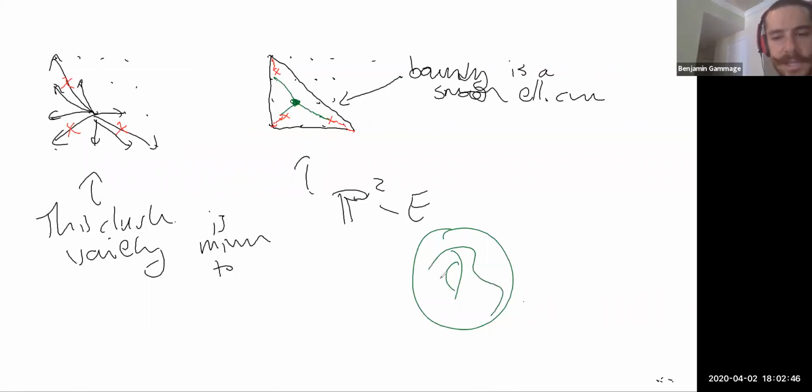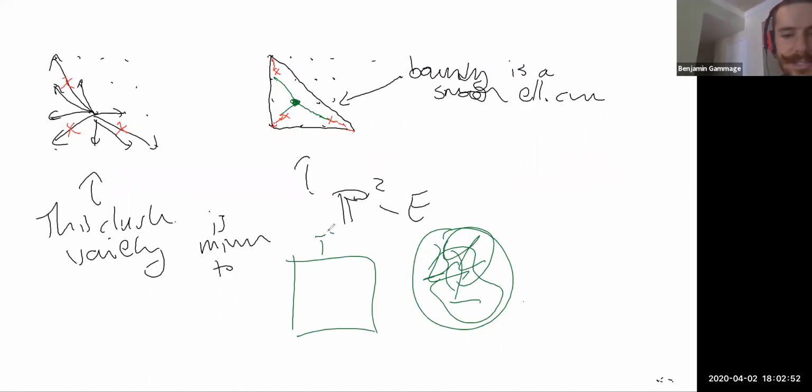I can't draw them exactly, but I can draw it like this. This is a T2, and it's got three disks glued in. One is glued in along here, one along here, and one along here, or something like that.